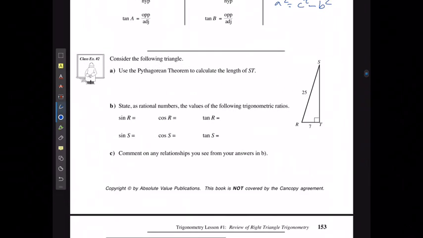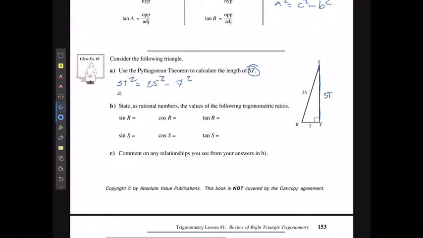So I'm going to use the Pythagorean theorem to calculate the length of ST. Well, if I'm trying to solve for the length of ST here, then I can say that ST squared would equal the hypotenuse squared minus the other leg squared.